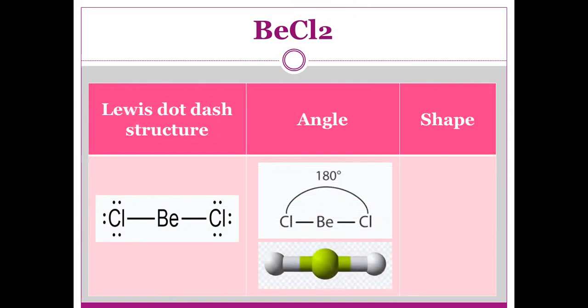Actually your beryllium chloride looks something like this: the green color is beryllium and the blue-white color is chlorine. Again, you have the two repulsion units and the shape is linear. So we have gone through different examples to understand the shape and geometry of linear.